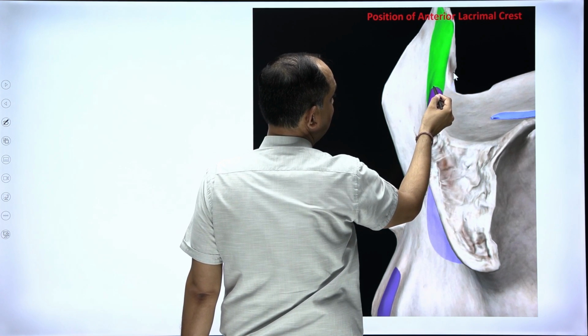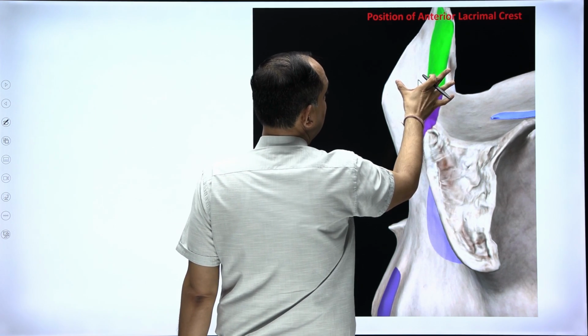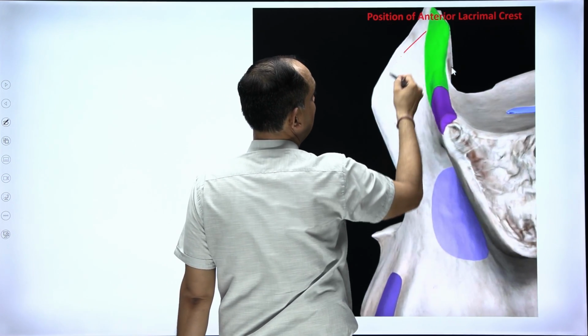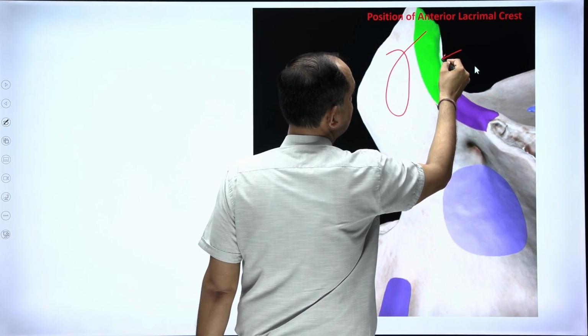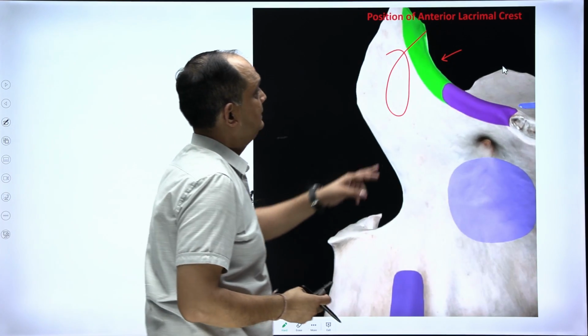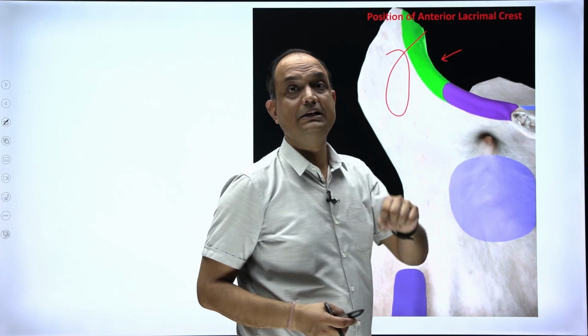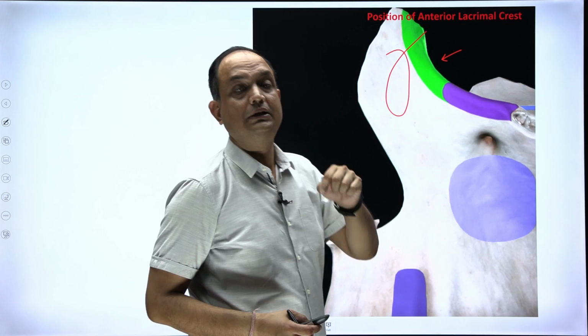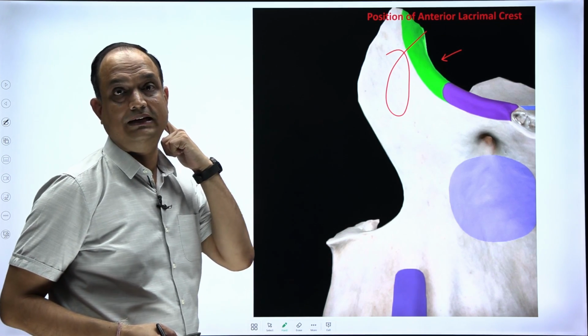Now this lacrimal crest is dividing the frontal process surface into the large area here and the small area on the inner side. Now this area on the inner side has a notch. There is a small notch present.